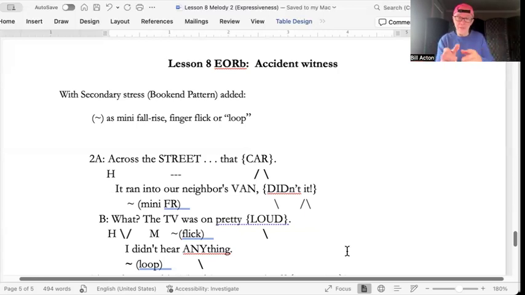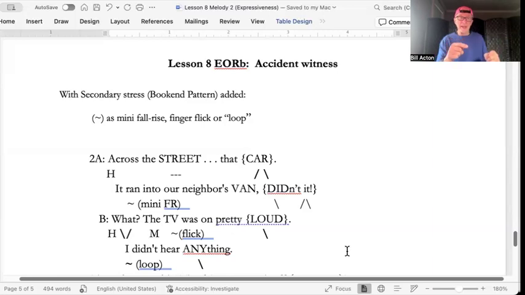Oh, wait. Move that back. That fall should be under "van," right? So it should be like this. It ran into our neighbor's van, didn't it? Got that? Okay. Sorry about that.